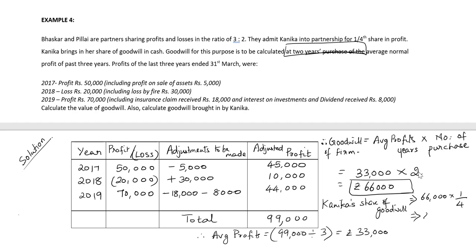So this is equal to rupees 16,500. So Kanika's share of goodwill is rupees 16,500.